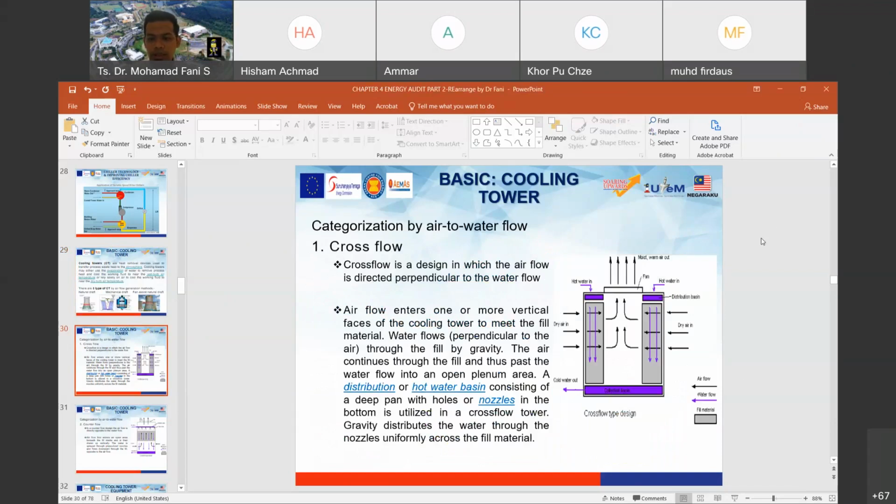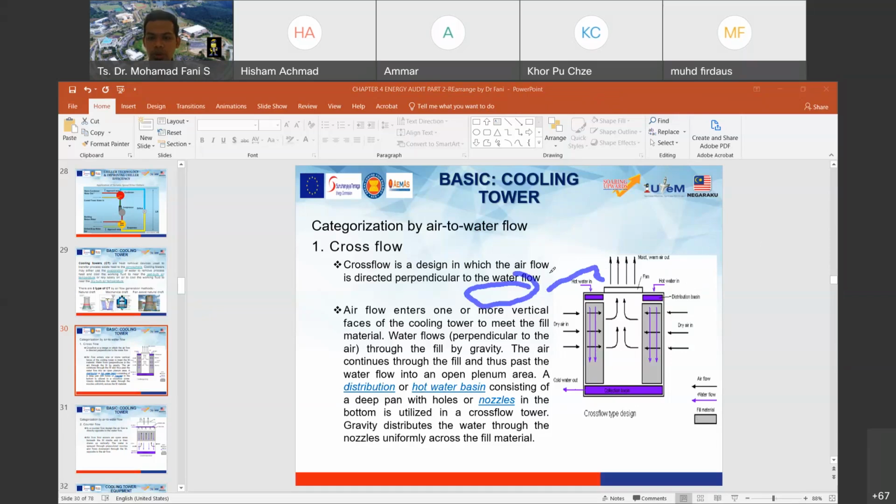So the main process is cross flow, to remove the warm air to the outside and change the hot water to condenser water. You can see here the water flow. The hot water comes from the chiller.